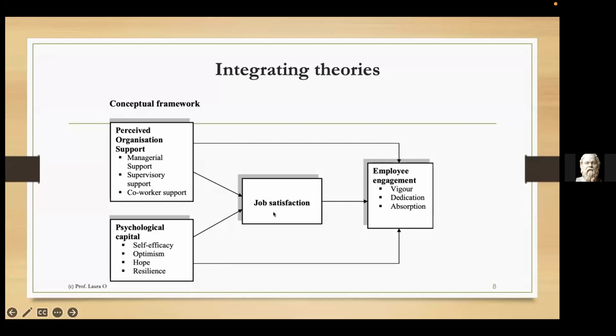But when it comes to job satisfaction, you see students forcing items there. The other 3 boxes have dimensions, but job satisfaction in this particular study is treated as a unidimensional variable. Unidimensional meaning there are no dimensions in there.